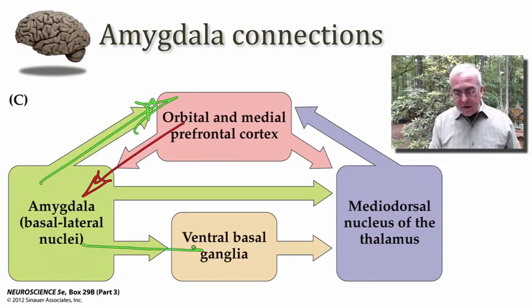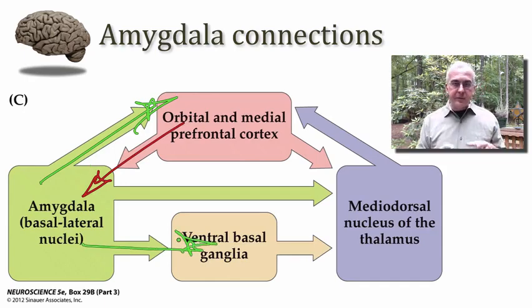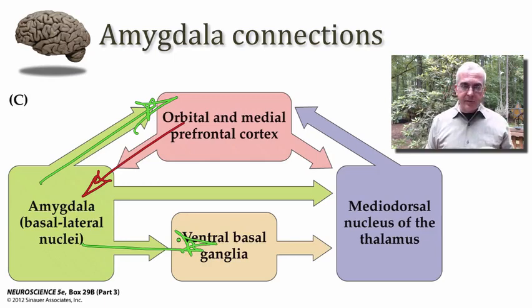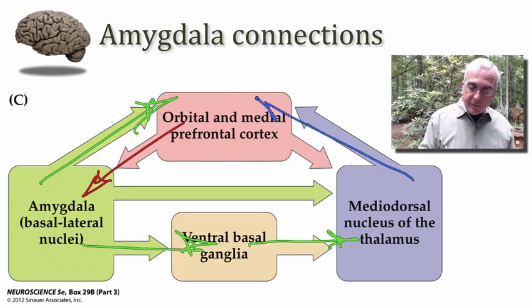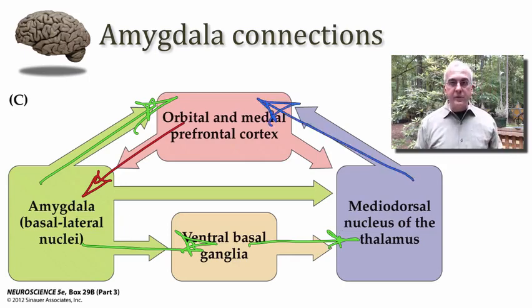So the amygdala is a very prominent source of inputs to the nucleus accumbens and other components of this ventral striatum. The ventral striatum in turn projects to the ventral pallidum and substantia nigra pars reticulata, and from there those pallidal structures send outputs to the medial dorsal nucleus of the thalamus. This is the specific thalamic nucleus that then gives rise to projections up to this orbital medial prefrontal cortex.